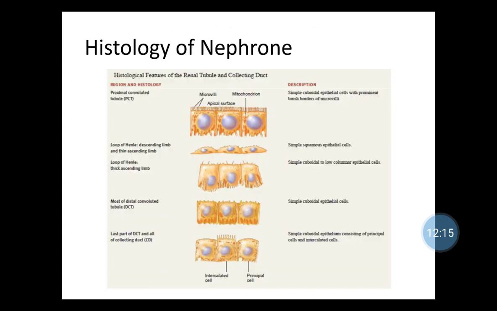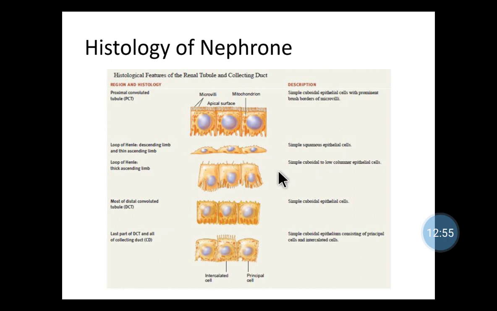Now we see the histology of the nephron. The proximal convoluted tubule contains epithelial cells with a prominent brush border. This is the prominent brush border and it allows secretion and reabsorption. Then the loop of Henle, in this the descending limb and the thin ascending limb consist of simple squamous epithelial cells. Then in the loop of Henle, the thick ascending limb contains simple cuboidal to low columnar epithelial cells.